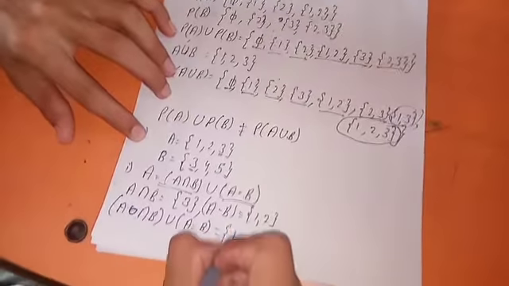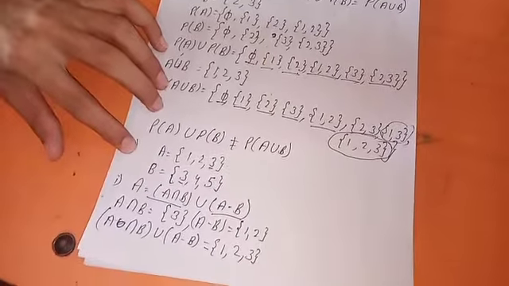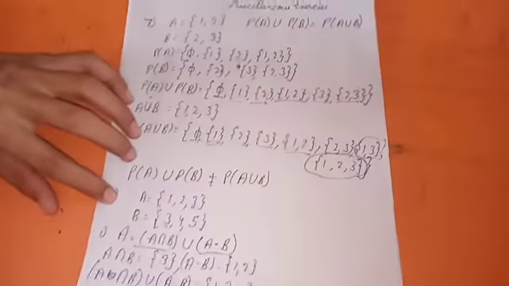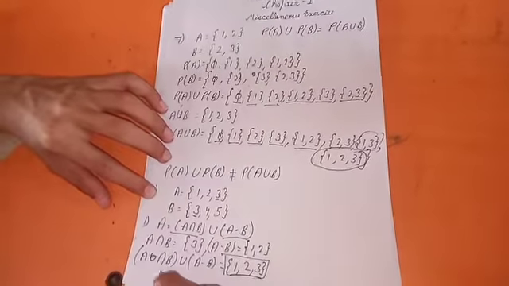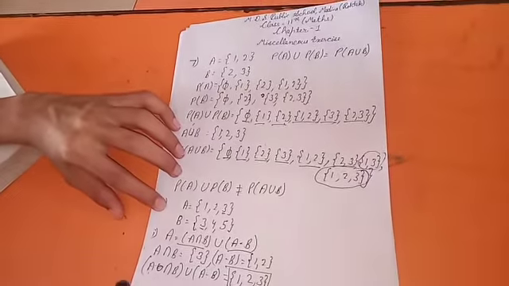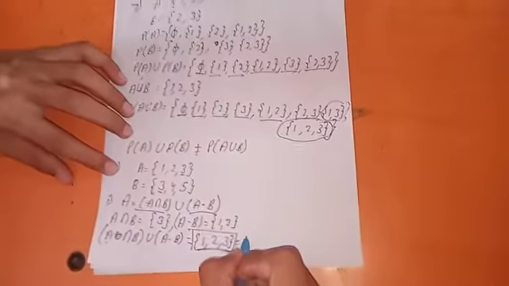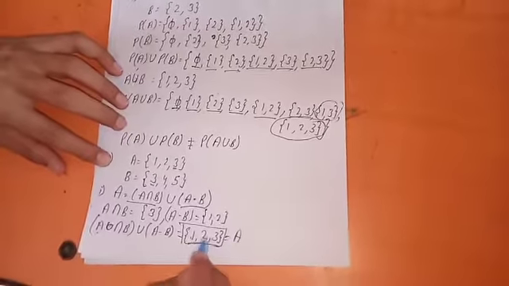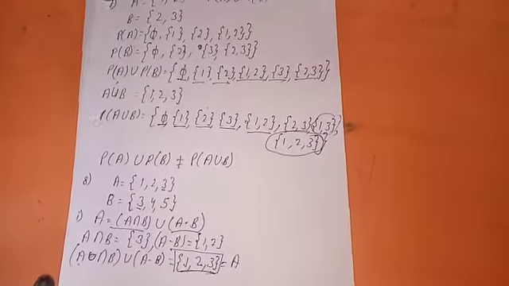That will be {1, 2, 3}. Now we can check that the last answer we get of A intersection B union with A minus B is equal to A, all the elements 1, 2, 3 that are in A. Okay. So the first thing is proved.